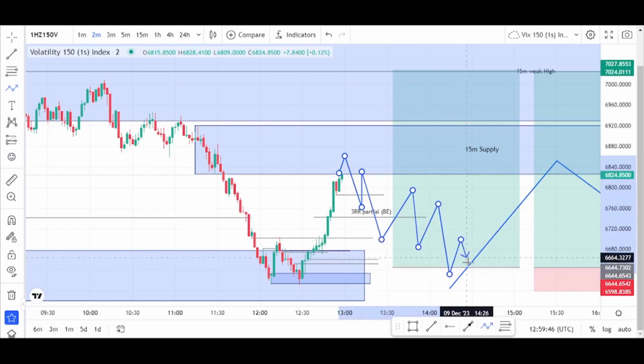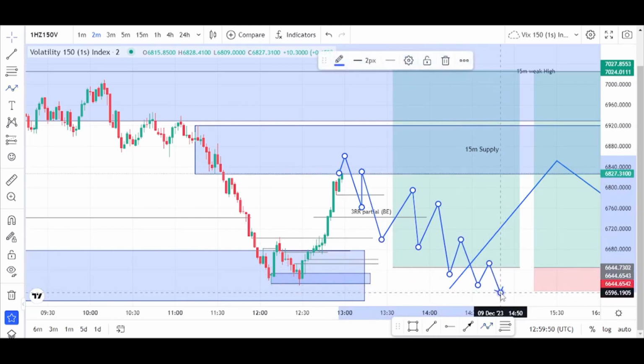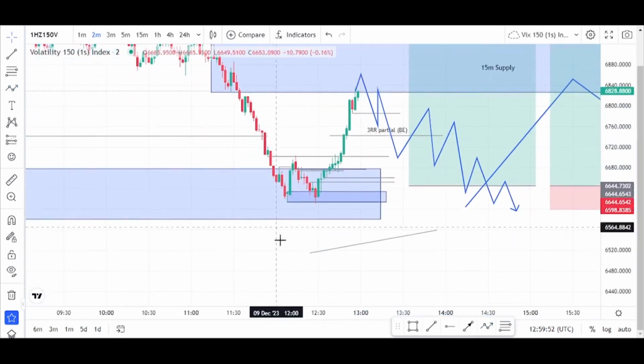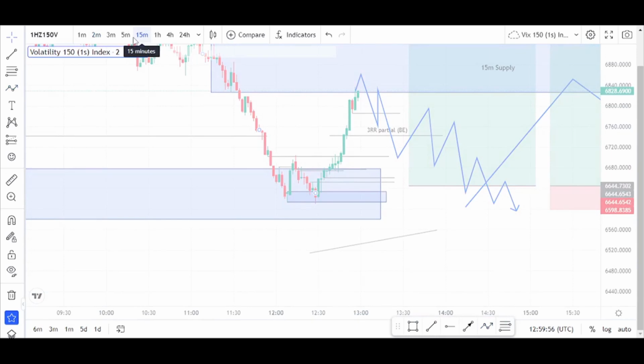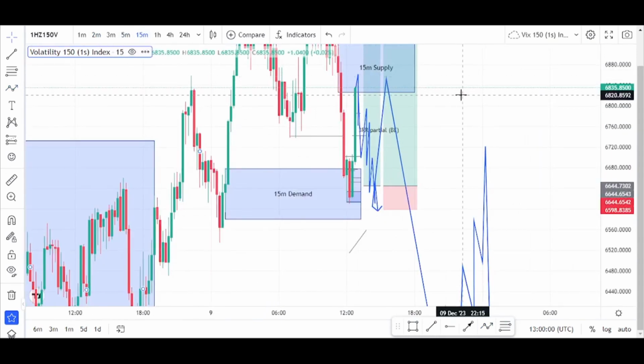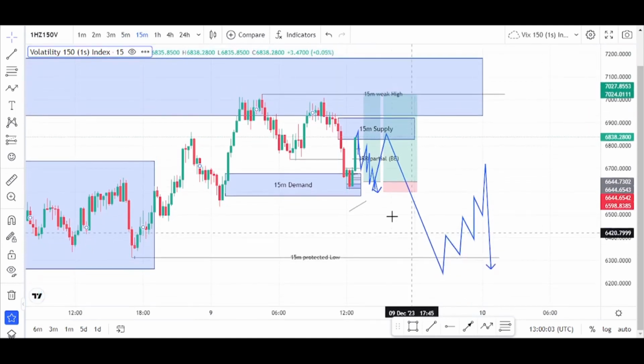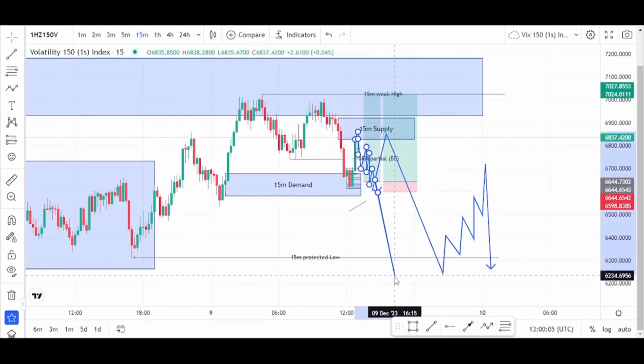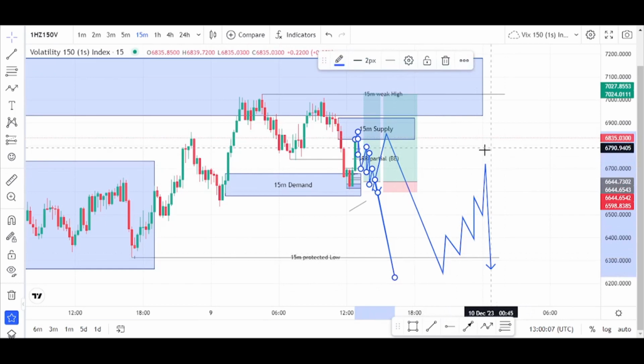I'm not going to enter until we break, let's go to the 15-minute, until we break this 15-minute structure. That's when I can think about entering somewhere here.